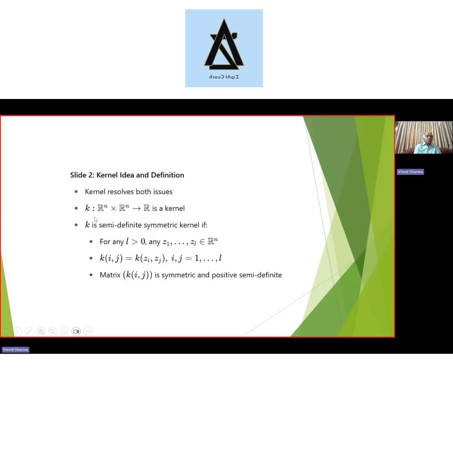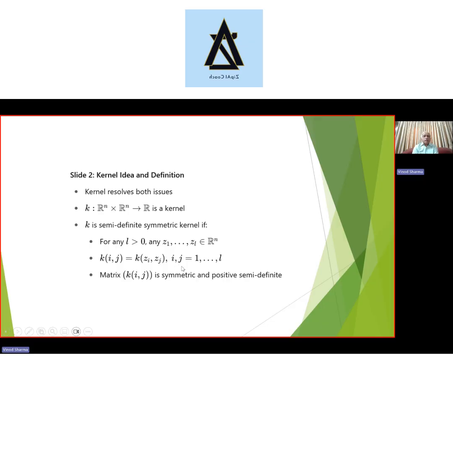Kernel: so x are in Rn, and a kernel is a mapping from Rn cross Rn to R, any mapping. It is called a positive semi-definite symmetric kernel if for any positive integer L and for any points z1 to zL in Rn, we make this L by L matrix where the ijth element of K is K(zi, zj).